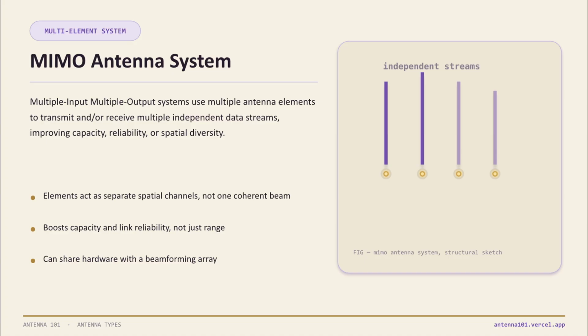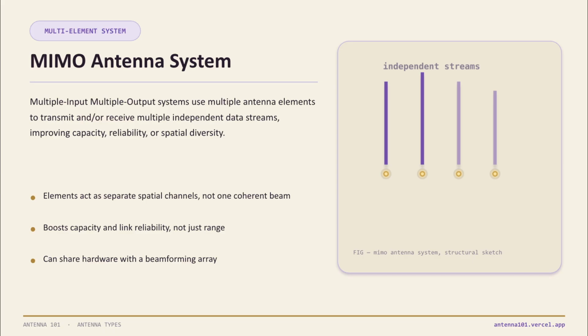MIMO tuner system. MIMO stands for multiple input, multiple output. A MIMO tuner system uses multiple tuner elements to transmit and/or receive multiple data streams, improving data capacity, reliability, or spatial diversity.